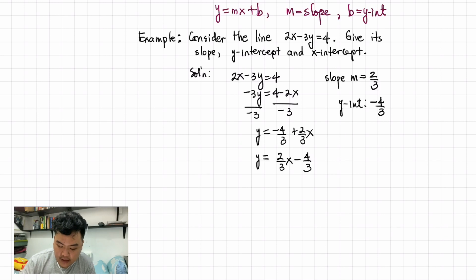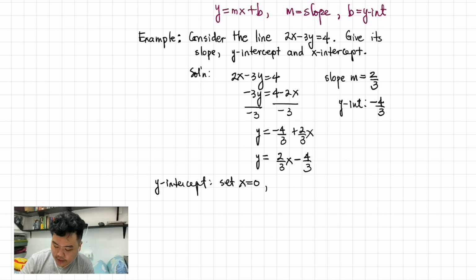And there's actually another way of solving for the y-intercept. You set x to 0 because the y-intercept is the intersection of the line and the y-axis, and on the y-axis, all the points have x-coordinate 0. That's why you're setting x to 0, and then solve for y. That is the y-intercept.